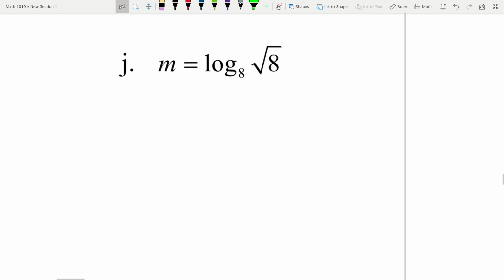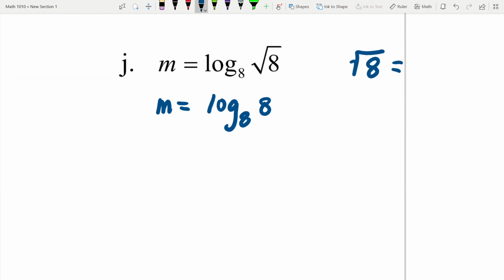Okay. You see lots of 8s. So we have m equals log base 8 of the square root of 8. You guys, the square root of 8 is the same thing as 8 to the, talk to me. Do you remember? This was on your midterm. Square root of 8 is 8 to the, write it in fractional form, remember? This exponent's a 1 over, what's the little number? 2.